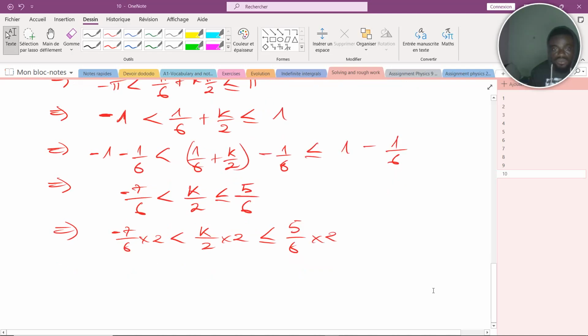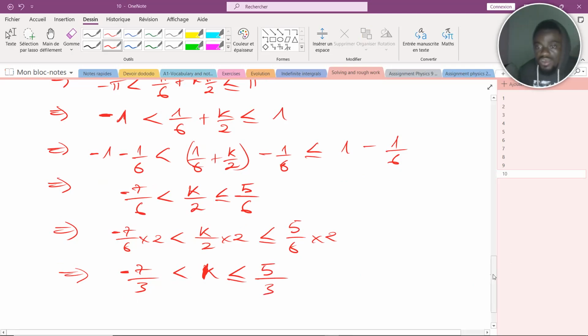So we see that k must be strictly greater than -7 on 3, but less than or equal to 5 on 3.